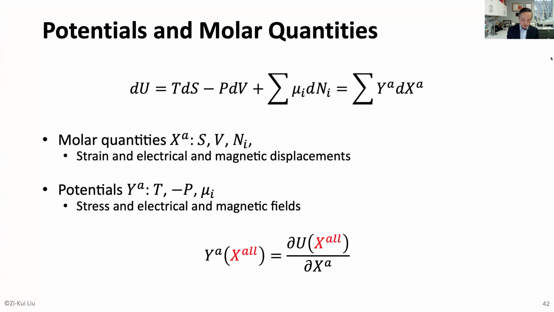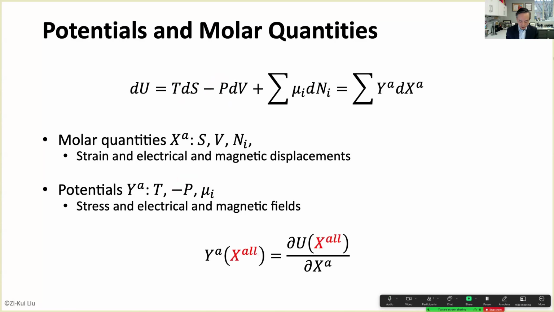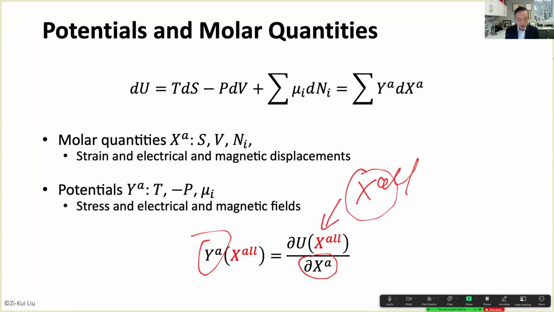That's what we can define here. So YA is the differential of internal energy with respect to XA. However, it's also very important to realize that U is a function of all molar quantities. So that means YA is also a function of all molar quantities.